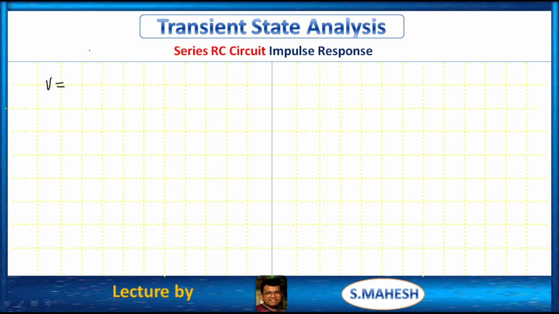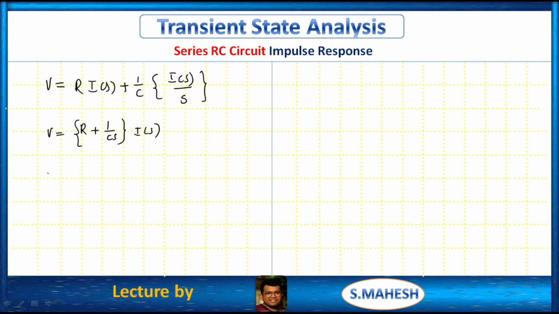Therefore V equals R into I of S plus 1 by C into I of S by S, which equals R plus 1 by CS into I of S. From this we can get R by S into S plus 1 by RC into I of S. Can we write like this?